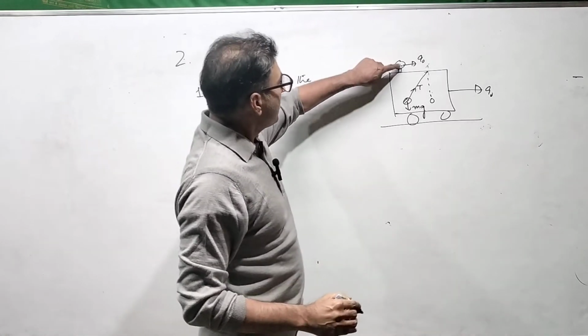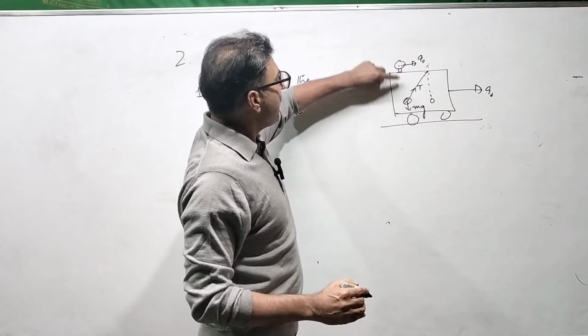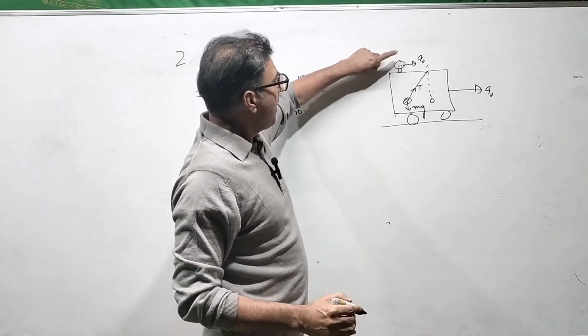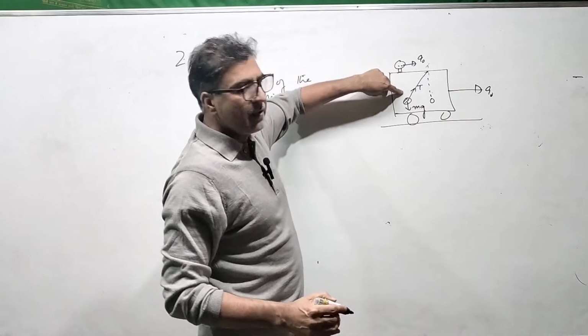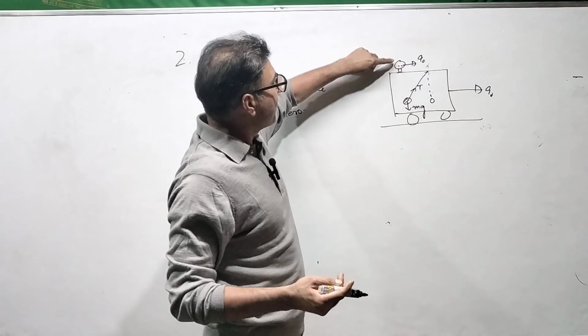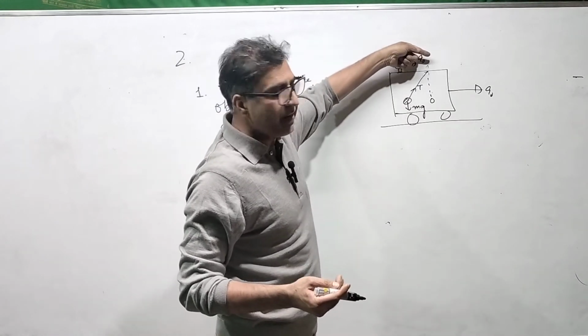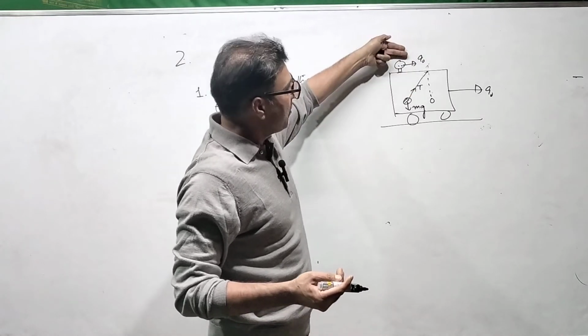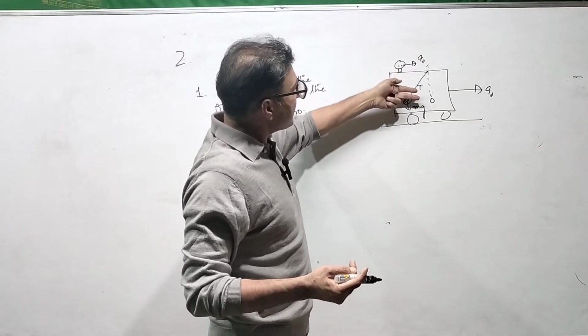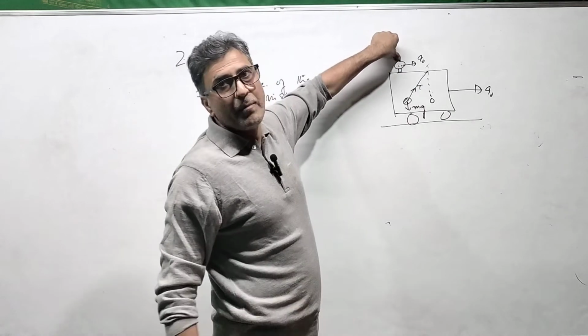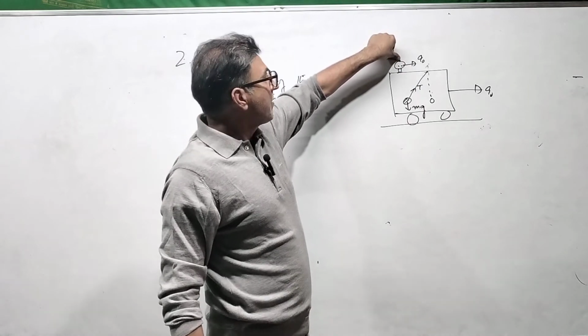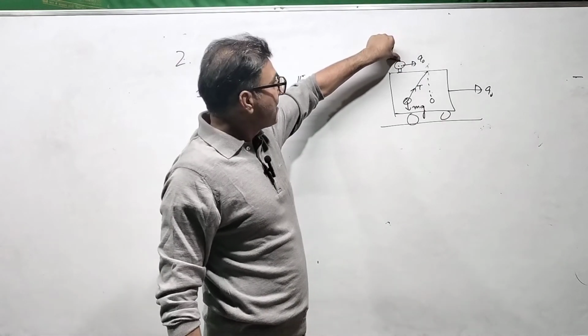Why? Because everything inside the car is at rest for him. Everything in the car has 0 acceleration with respect to him, because he is himself accelerating. The relative acceleration is 0. Anything inside the car has acceleration 0 with respect to this person who is on the car in the non-inertial frame of reference.